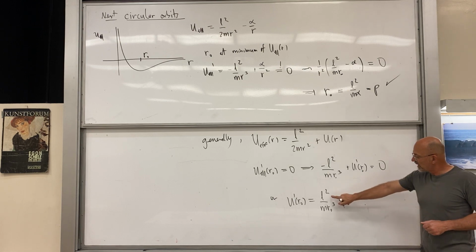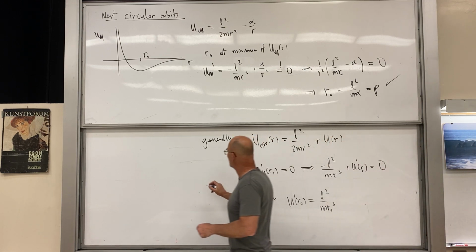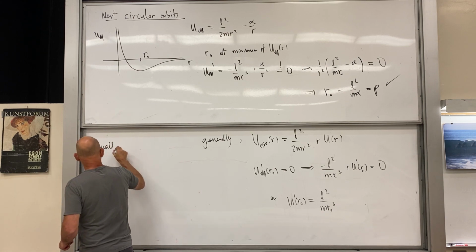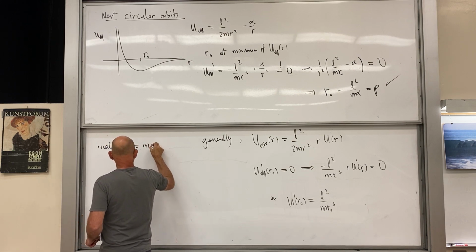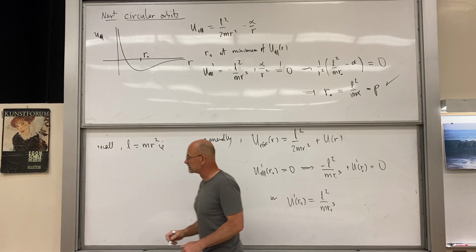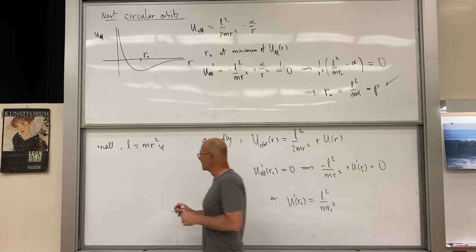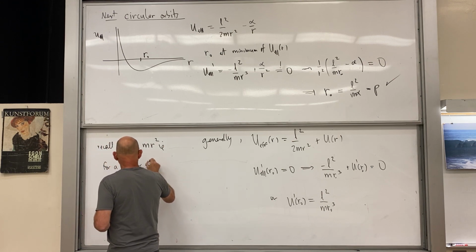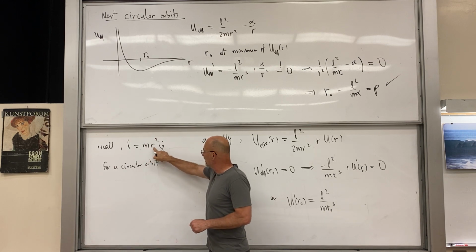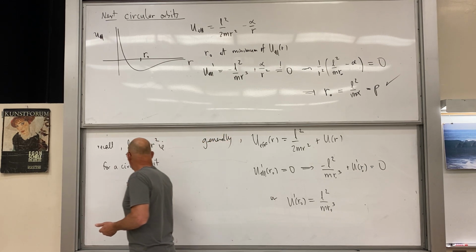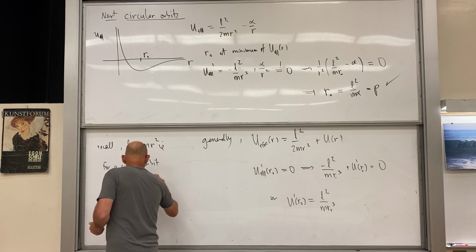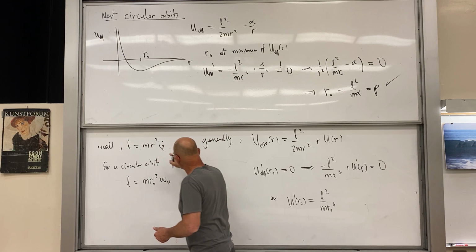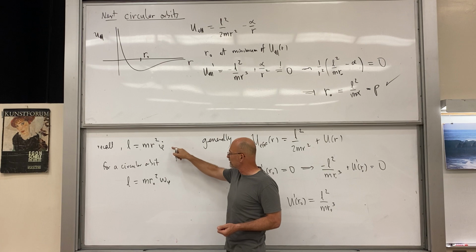Okay, now let's remind ourselves, what is L? We recall L equals mr squared phi dot. For a circular orbit, r is constant, mr0 squared, and this phi dot I'm going to name omega sub phi because it is of course constant as well, constant angular velocity.